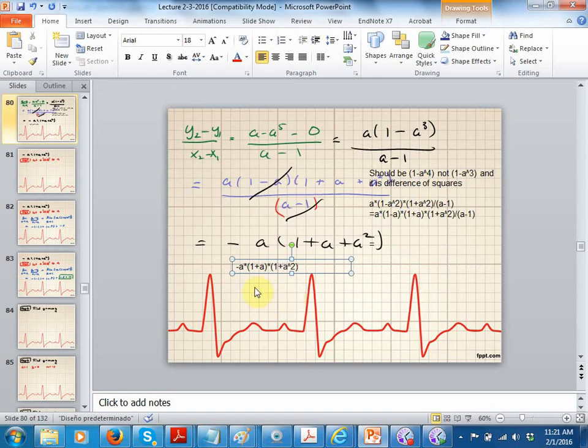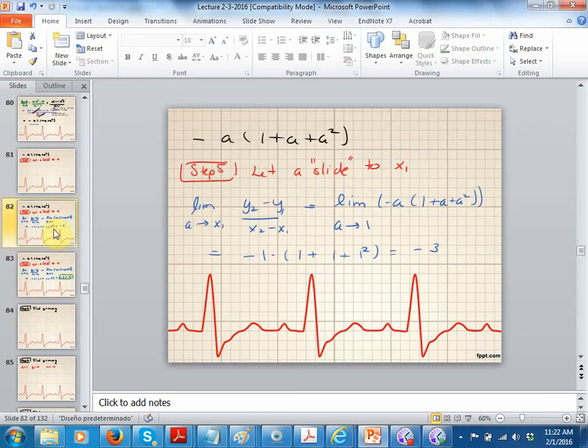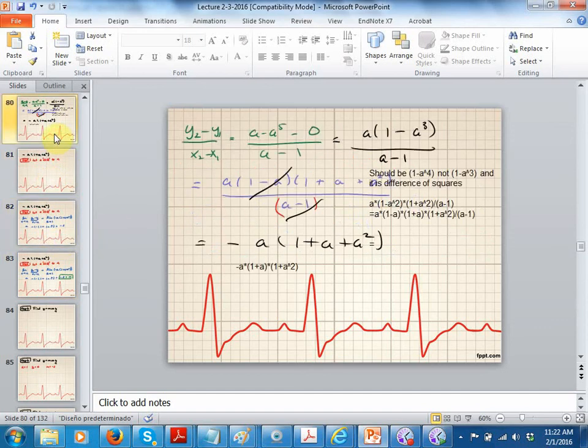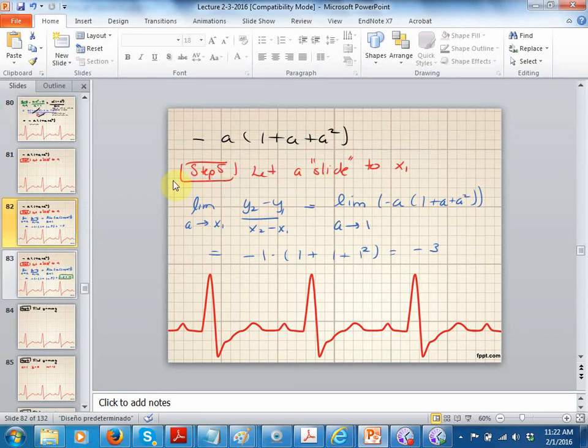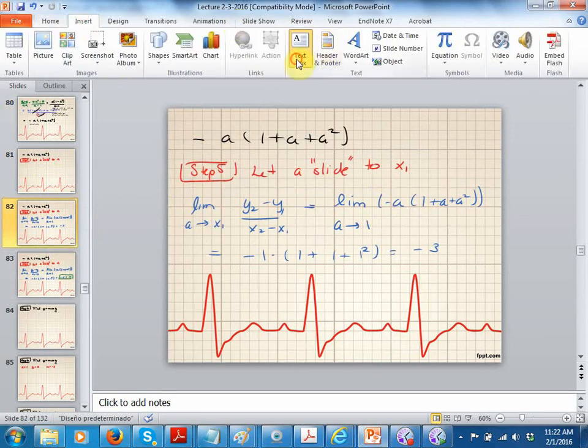And let's see, if I put in 1 in here, how does this change my answer? 1 plus 1 is 2, 2, 3. You get minus 4, right? Correct? You have to watch my arithmetic. That's my weakest point. So let's put that in.